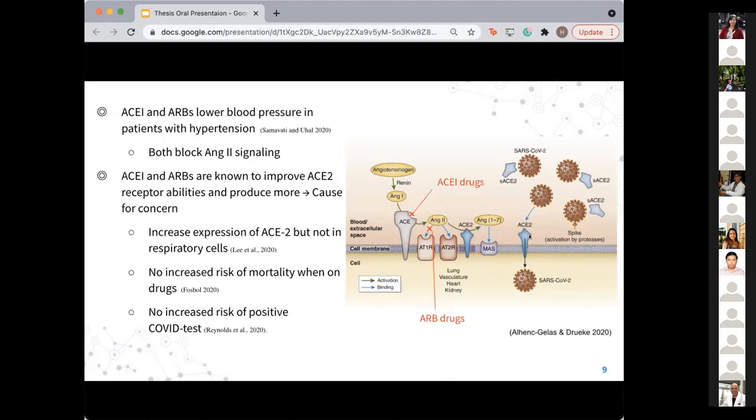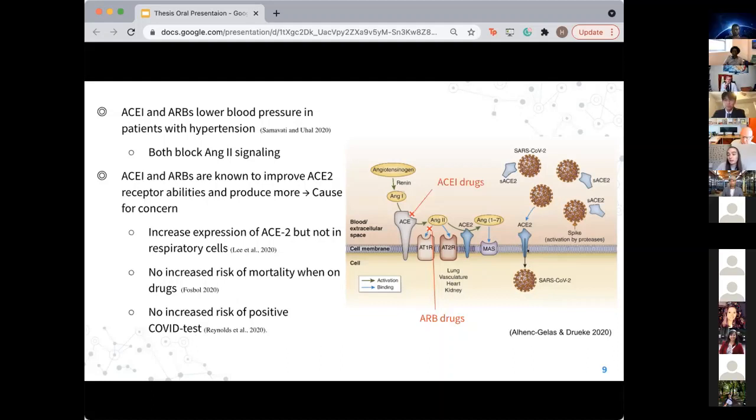As there are more ACE2 receptors, it could mean a higher chance of being infected. But back in July, when I started reading this literature, this is all that was out there. There were no studies about whether this was true or not, and whether this was causing the disparity between races. And this is really what drove me to want to study this in the first place.